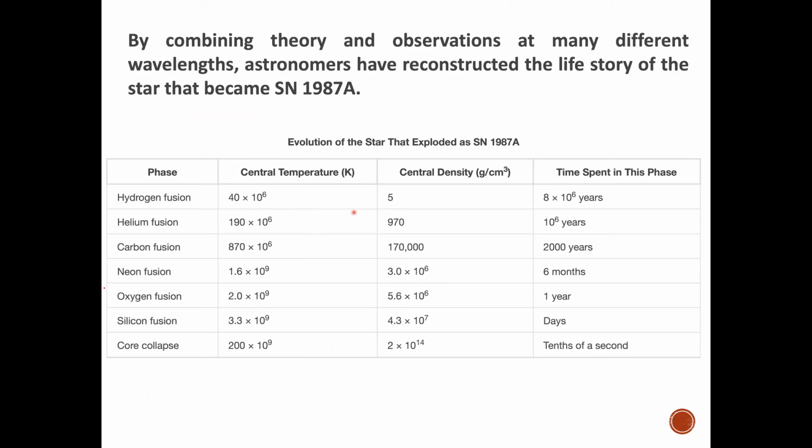Once astronomers observed supernova 1987A, they combined different theories and the observations they now have at different wavelengths, and reconstructed the life story of this particular star that became supernova 1987A, right? From the knowledge that you have up to now, you know how a supernova occurs.